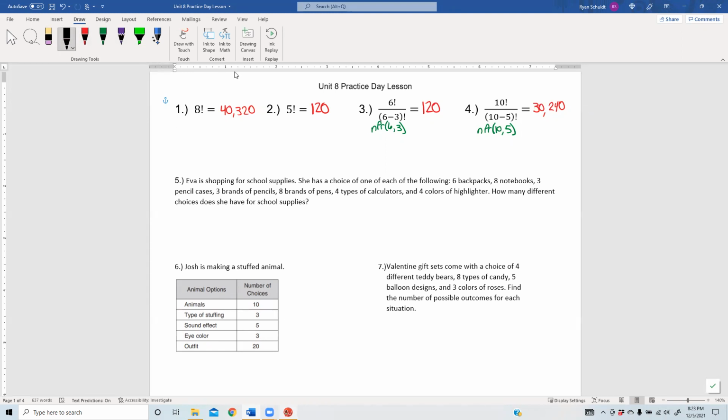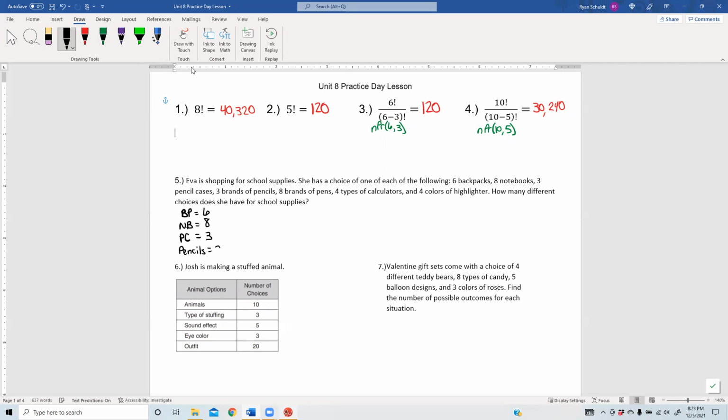So for backpack, I'm just going to abbreviate that as BP. Oh, wait, sorry. Backpack, she's got 6 choices. Notebook, she's got 8 choices. Pencil cases, she has 3 choices.